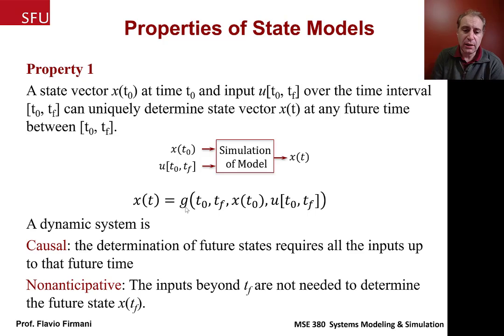So in general, a dynamic system is causal, and that means that the determination of future states requires all the inputs up to the future time.